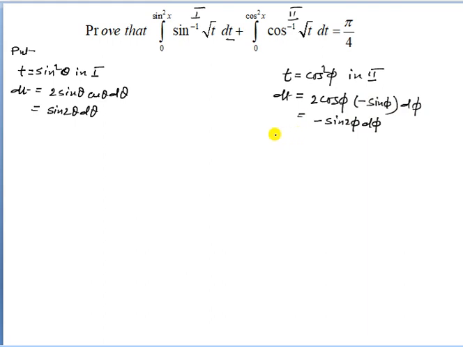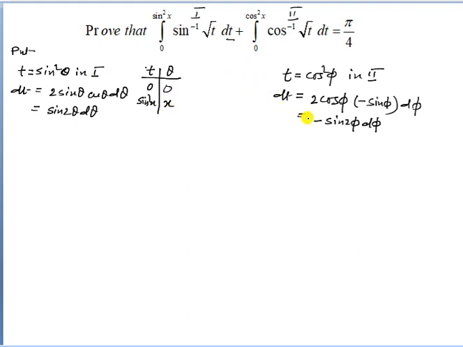Now, as we put t equals sin square theta, the limits of integration will change. If t is equal to 0, theta becomes 0, and if t equals sin square x, then theta is x.